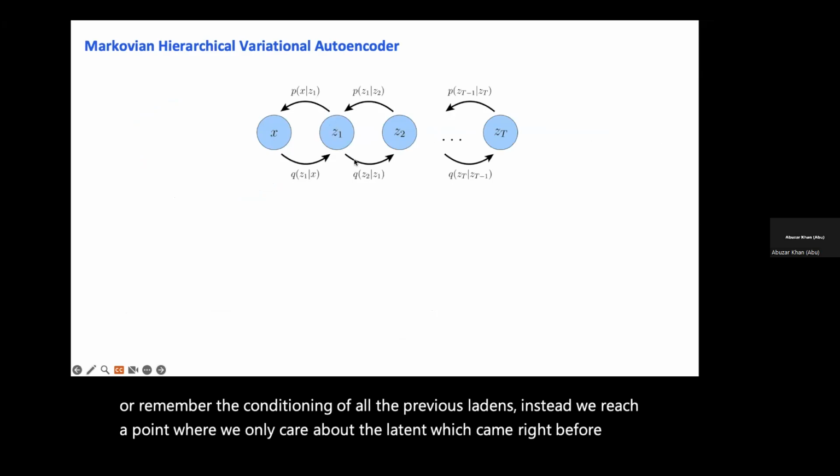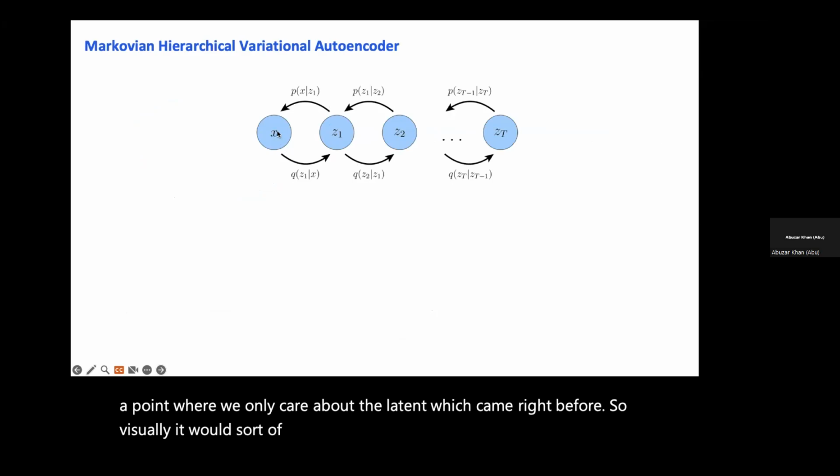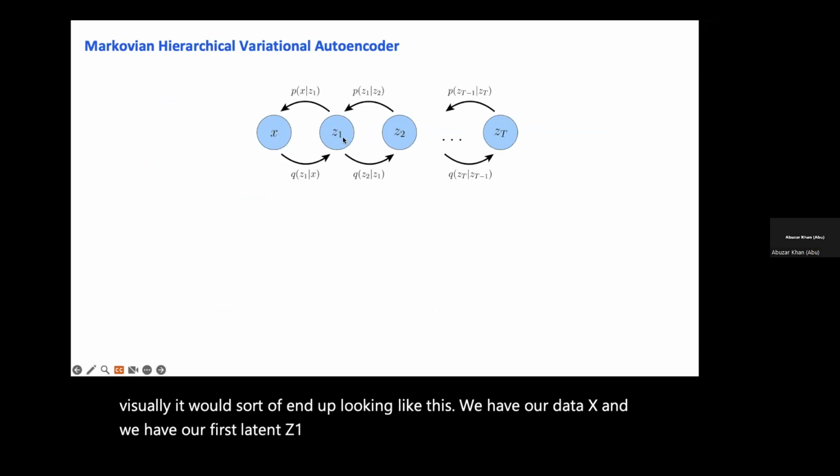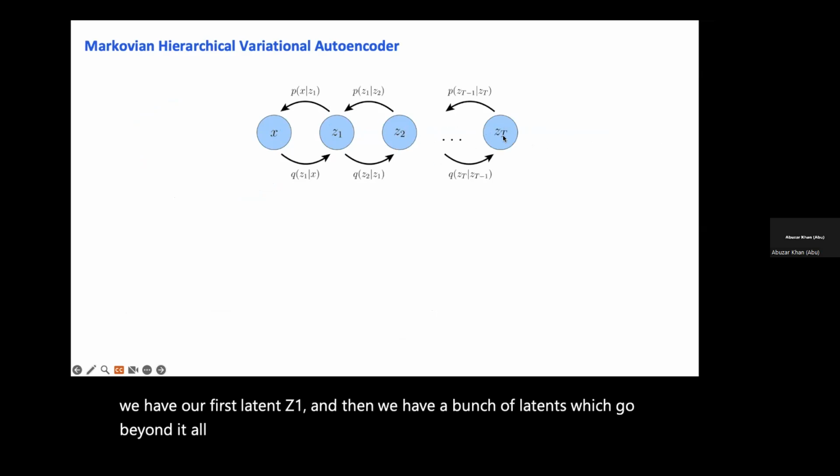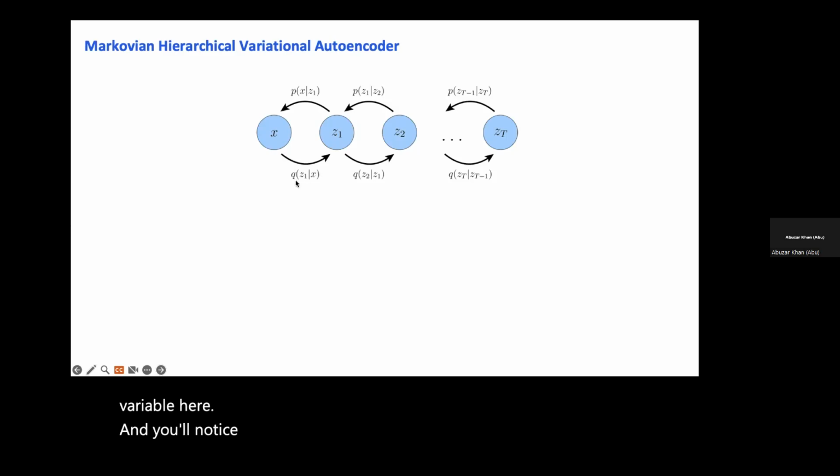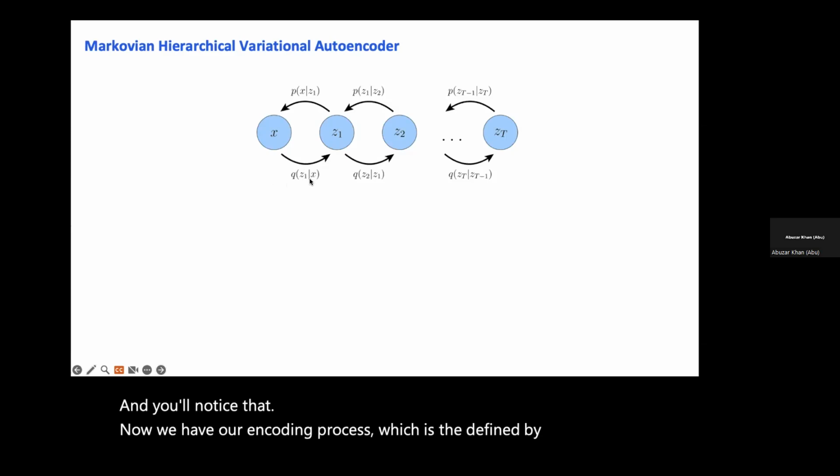So visually, it would end up looking like this. We have our data X and we have our first latent Z1, and then we have a bunch of latents which go beyond it all the way till Z capital T. So T is our time step variable here. And you'll notice that now we have our encoding process, defined by q of z given the input x.